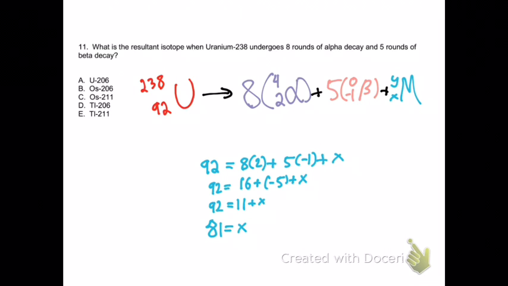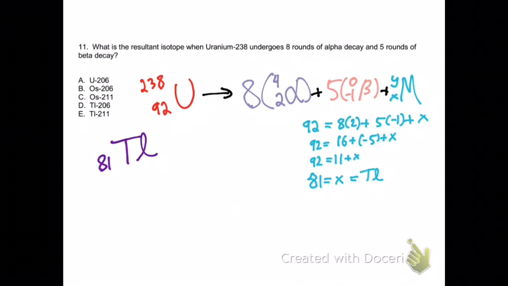So that means that we must be looking at none other than thallium. So this is TL. We're getting pretty close to figuring out the identity of our mystery isotope. We're looking at something that has 81 protons. Now then, to figure out what the mass number is, we're going to do the same thing, only with these numbers up here.